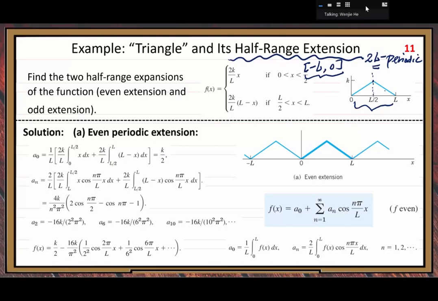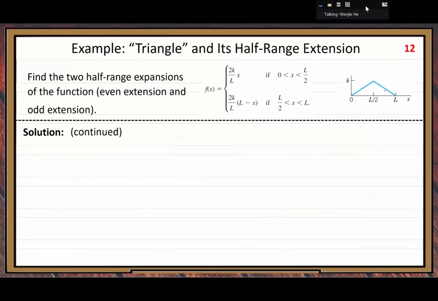Let's do the second one. Then we compare a little bit these two different representations. The first one we use the cosine Fourier formulas. Second, we use the sine version of Fourier formulas.